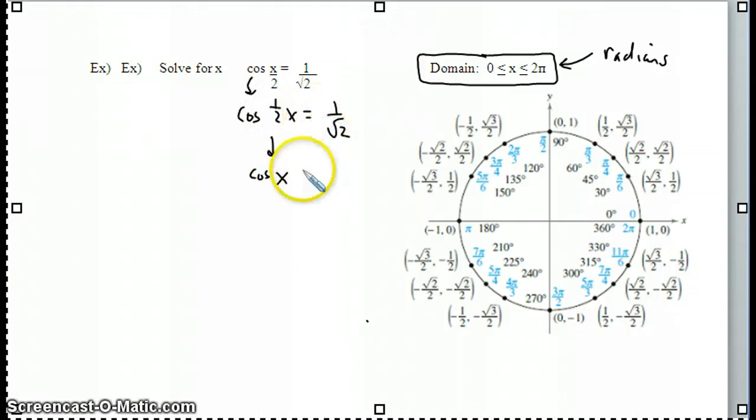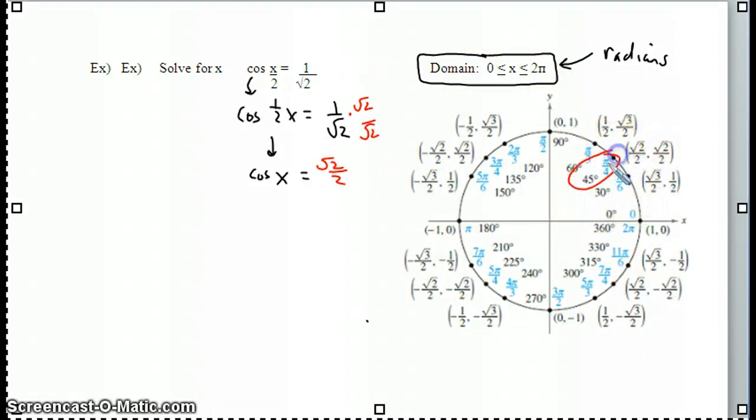Over on this side, I'm trying to find angles that have a cosine of 1 over the square root of 2. Well, 1 over the square root of 2 is not on my unit circle, so we need to rationalize. So it ends up becoming square root of 2 over 2. Let's look over here at the angles in radians that have a cosine of square root of 2 over 2.